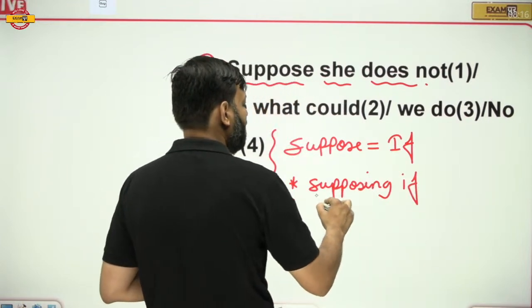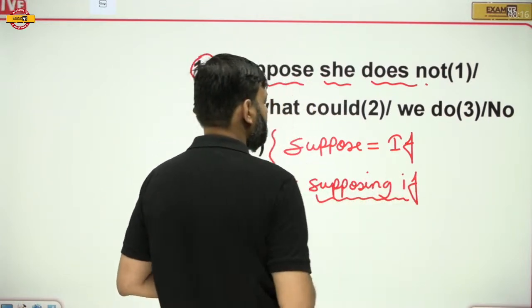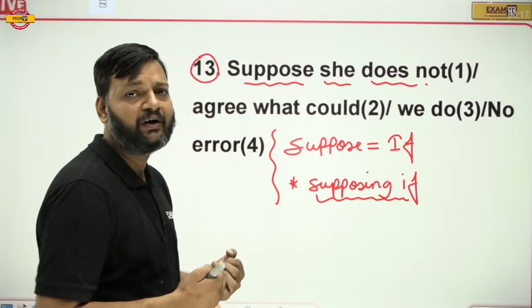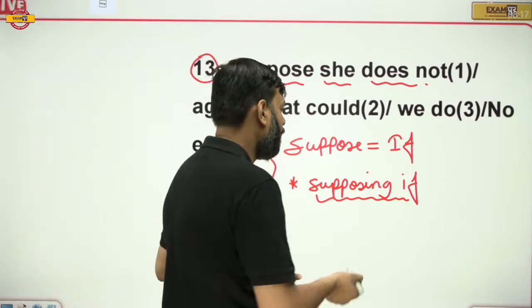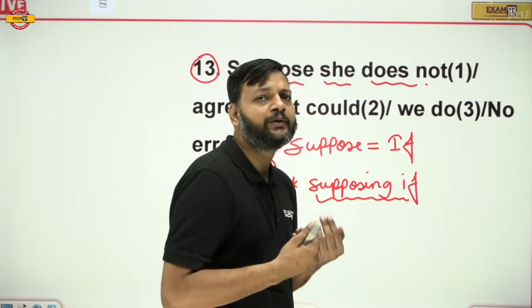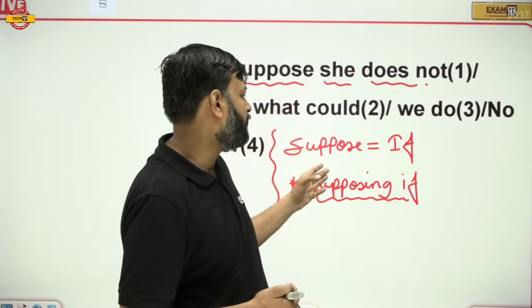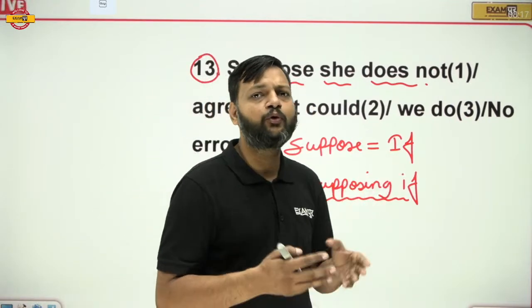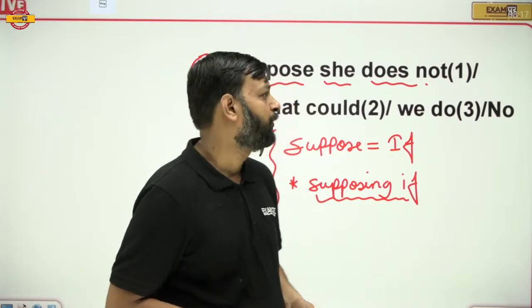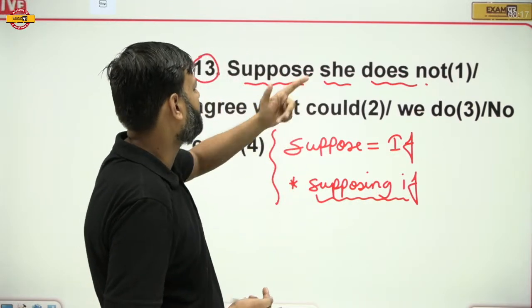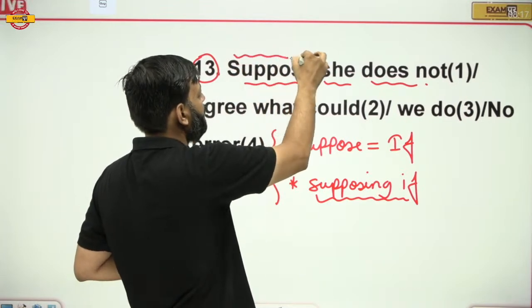If that happens, out of these two words one should be omitted, because suppose is equivalent to if, so both words cannot be used together. But here if is not there, only suppose is there.